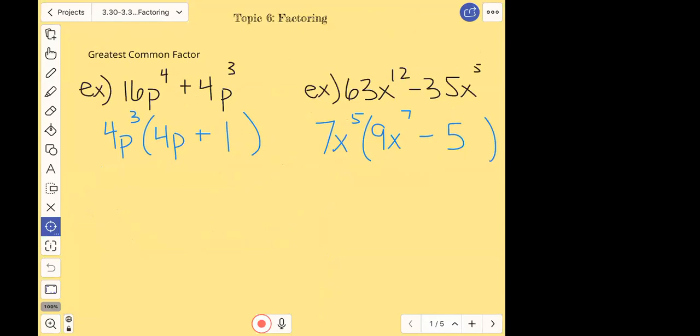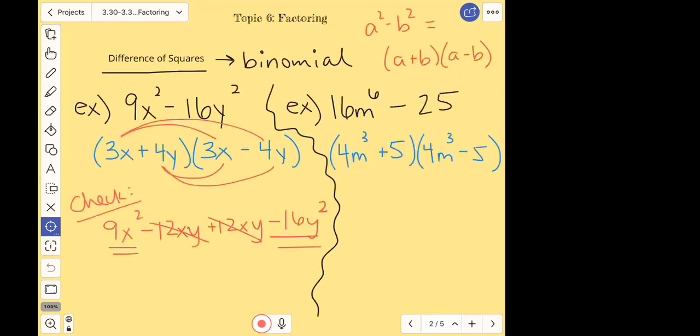Is it a difference of squares? No. 5's not a perfect square. X to the 7th is not a perfect square. 7's odd. So we couldn't keep going here. But that's kind of the idea. This would always be step 1. Then if you're left with some binomial, which means 2 terms, right? Bi is 2. Then it could potentially be a difference of squares. If it is, you want to keep going, like these 2 examples.